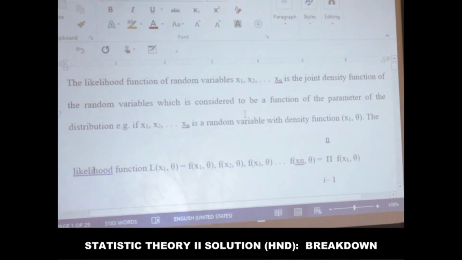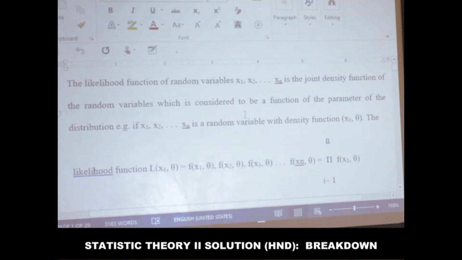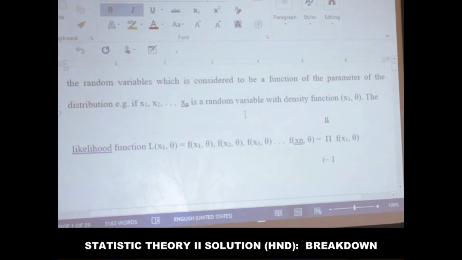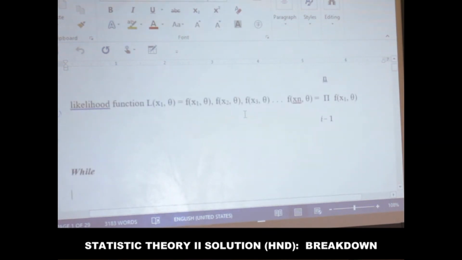Now, in this case, if we have x1 to xn to be random variables with density function f(x1, theta), then the likelihood function L of theta is equal to f(x1, theta) up to f(xn, theta). And using this, we have what? The product of f(xi, theta). That symbol there signifies we have what?